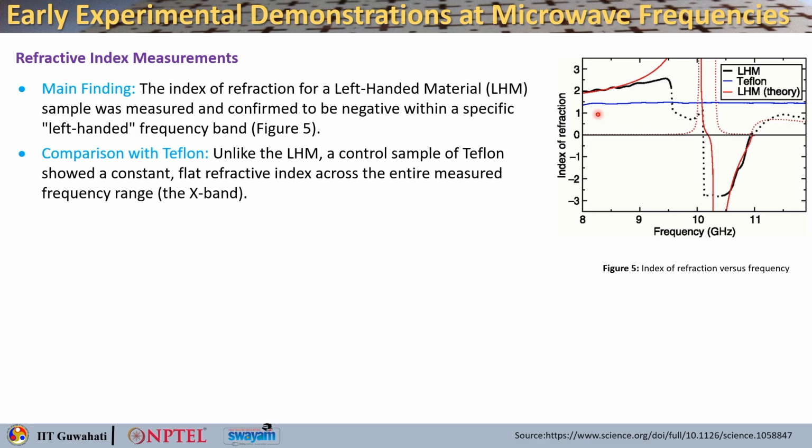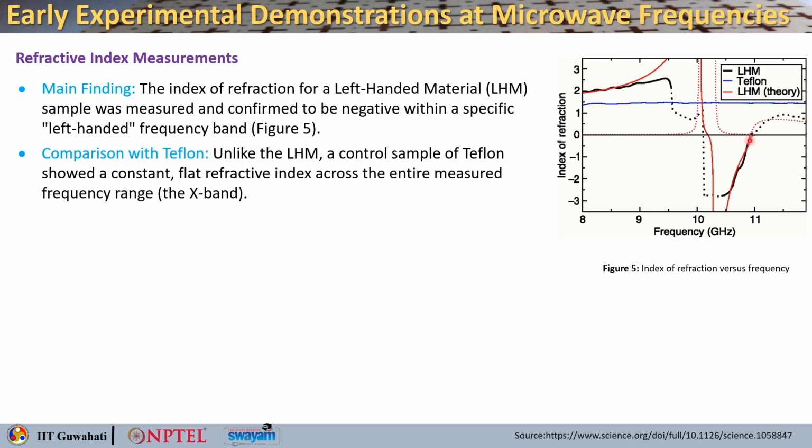Okay. So, here you can see the blue curve, which basically corresponds to the data of the Teflon sample, okay, and then you have a black curve. So, that is basically for the left hand material data, and there in the black curve you see some dotted portion, that is basically indicating that here the index is expected to be either outside the limit of detection, which is basically plus minus 3 in this case, and should be within 3 plus minus 3, or it is dominated by the imaginary component, and therefore it cannot be reliably determined experimentally.